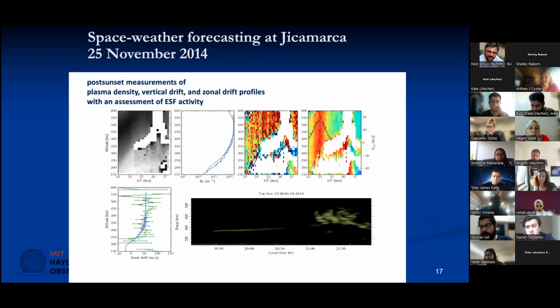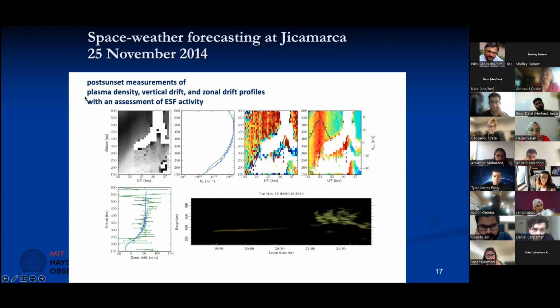But they've done very interesting things, because one of the things they measure is this effect at the bottom, which is called spread F. That's when you have these large plasma patches that form. Associated with those patches are electron density irregularities, which cause scintillation. They're now developing the ability to forecast or predict when they're going to see these spread F type features in the data.